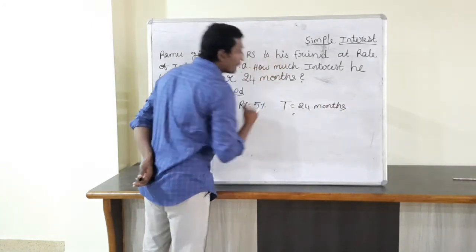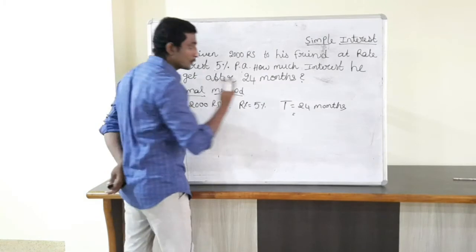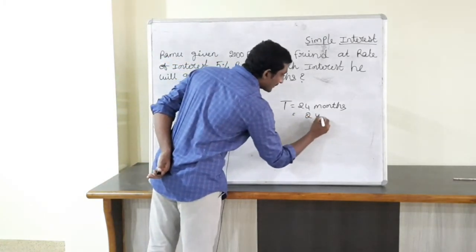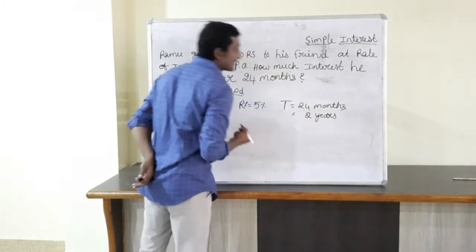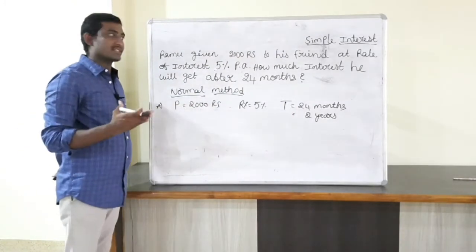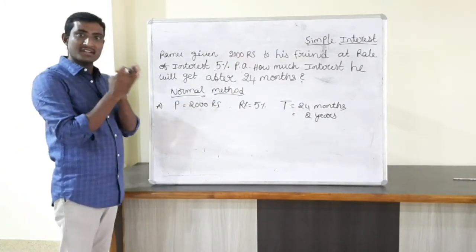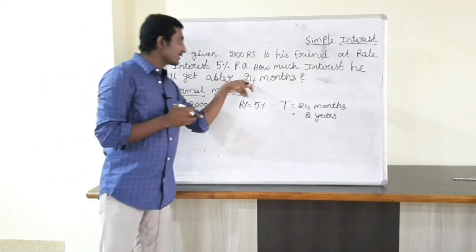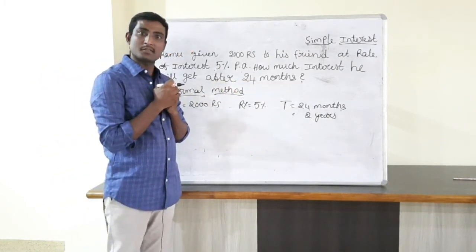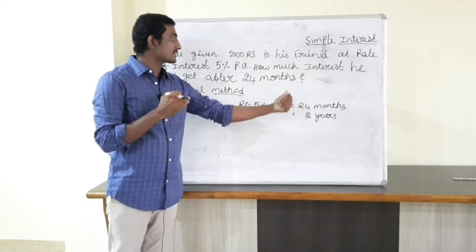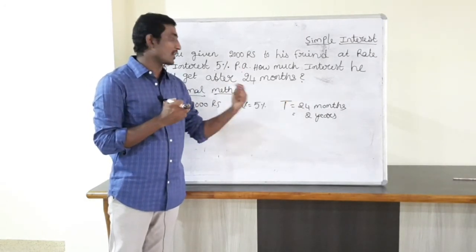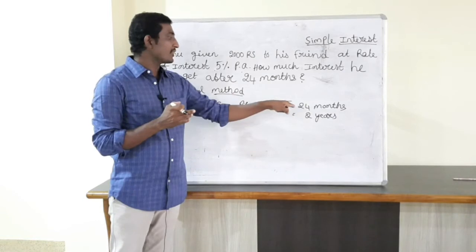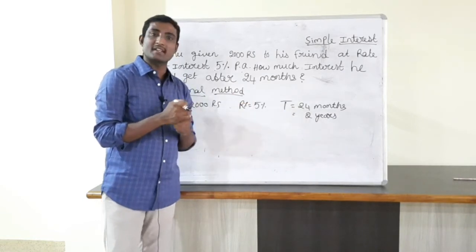So 24 months means how many years? 2 years. It is better to convert months into years, because simple interest is found per every year. So in the question the time is given in months, so better to convert months into years. Already we know 1 year equals 12 months, so 24 months equals 2 years.